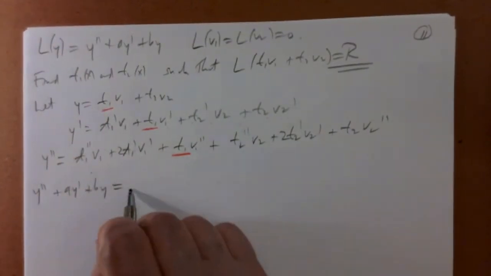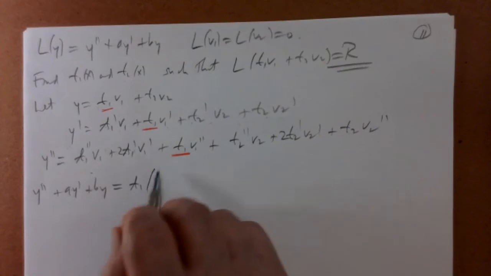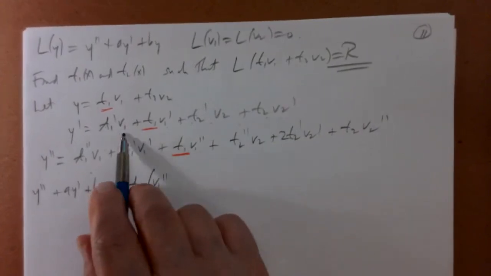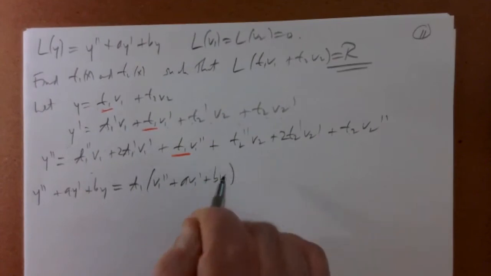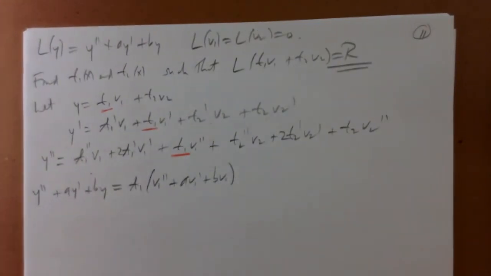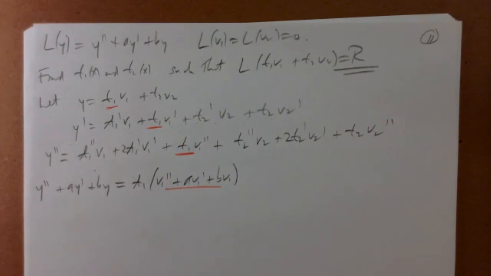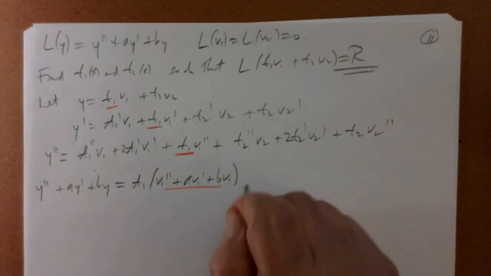So those three terms, that's t1 times (v1'' + a v1' + b v1). I also have some terms that just involve t2.